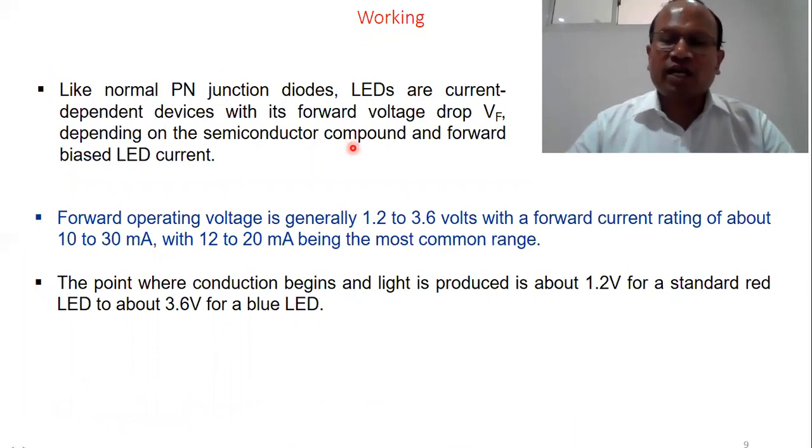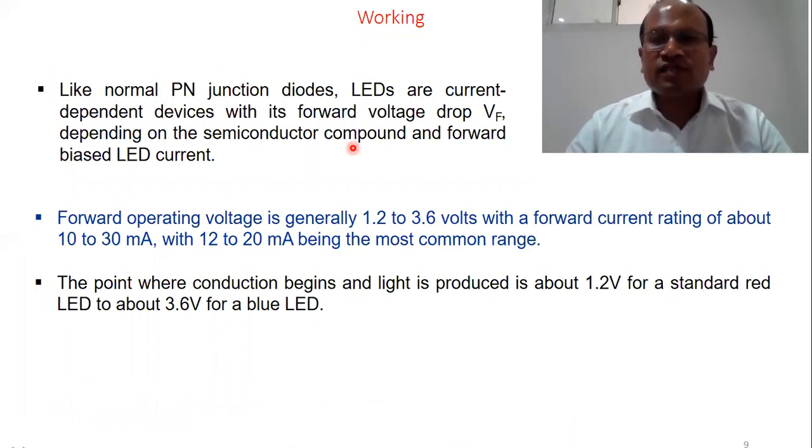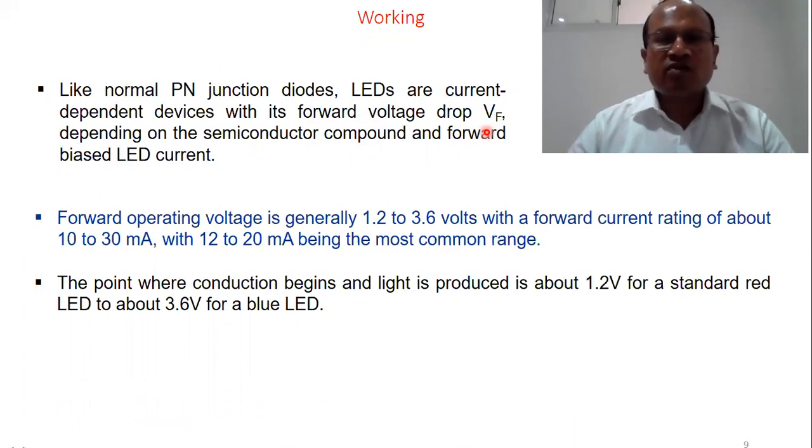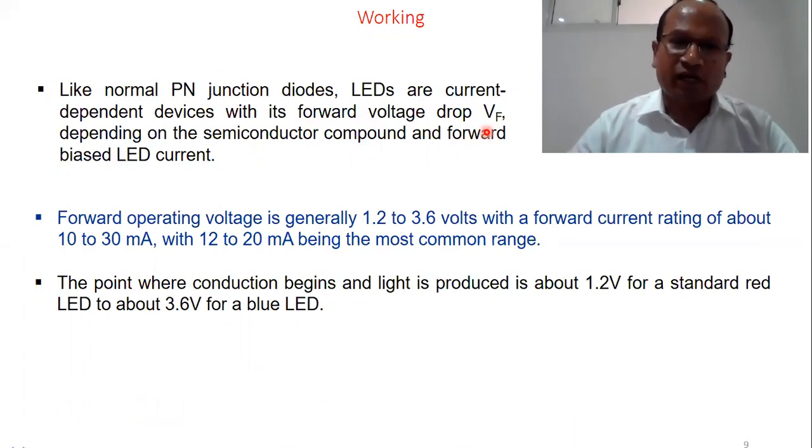If you see the working of how these LEDs work, like a normal PN junction diode, LEDs are current-dependent devices with a forward voltage drop. The normal diode is also a current-dependent device, right? The transistor is a current-dependent device, unlike your field effect transistor, which is a voltage-dependent device.